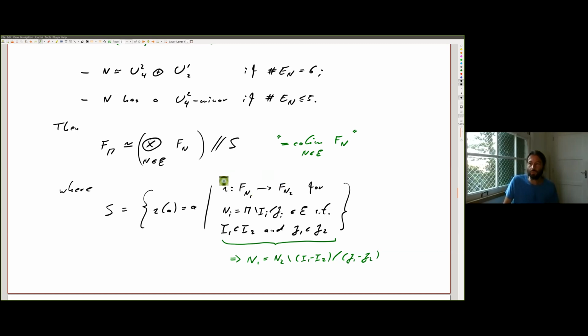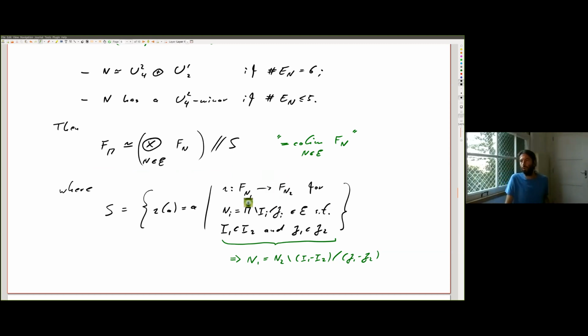Okay, so just to repeat, we can write Fn in terms of the tensor product of all the small foundations, of the small embedded minors, modulo certain identifications which come from having nested embedded minors. So we're just identifying elements whenever embedded minors are nested.